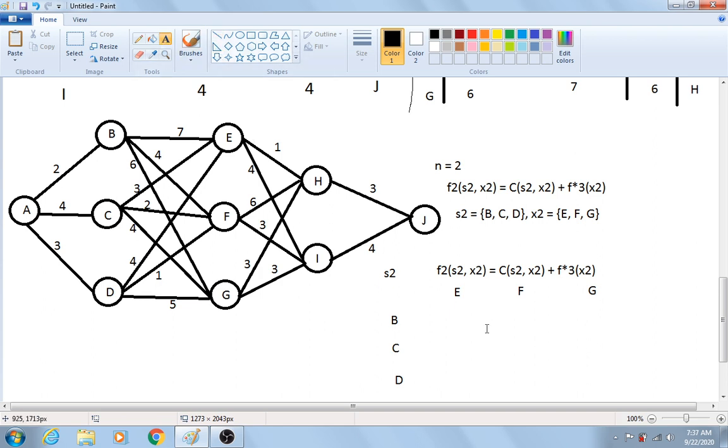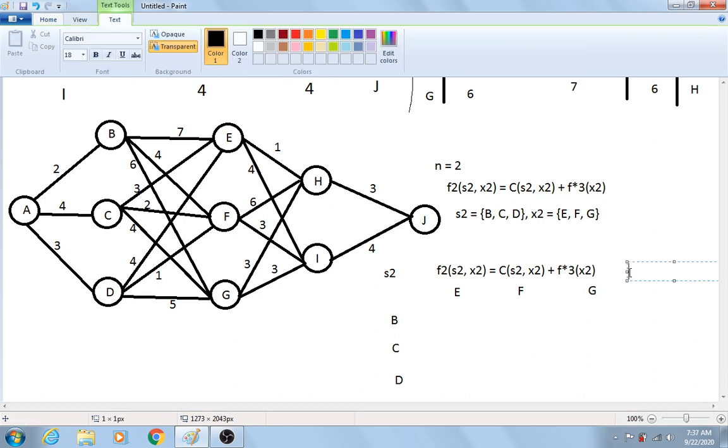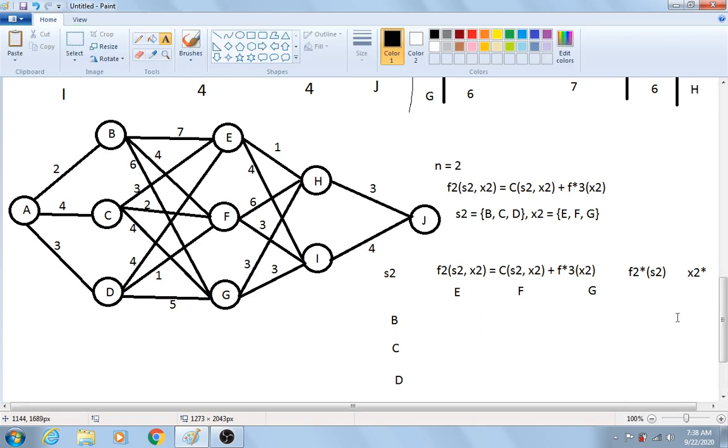And then we need to find the lowest cost for stage number 2, f2 star of s2, and what gives that lowest cost, and it is x2 star.